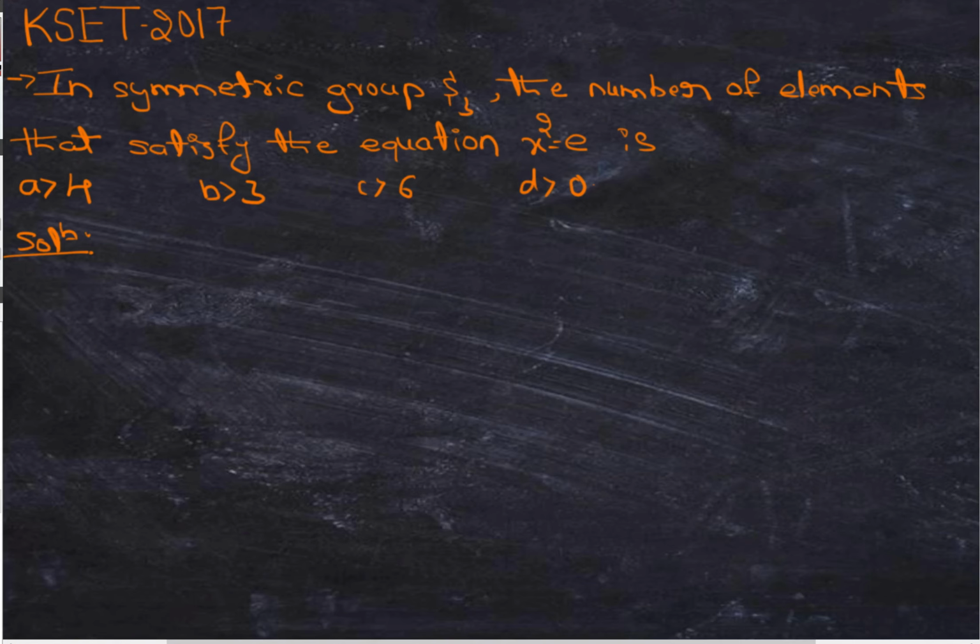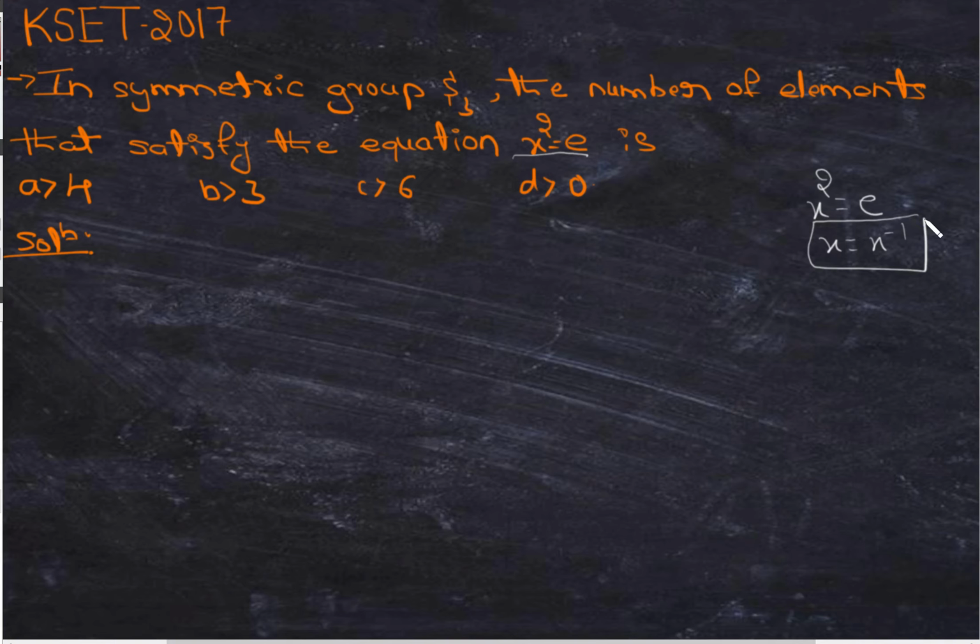They are asking about x square is equal to E. E is the identity element of the group S3. It implies that x is equal to x inverse, which means a self inverse element.